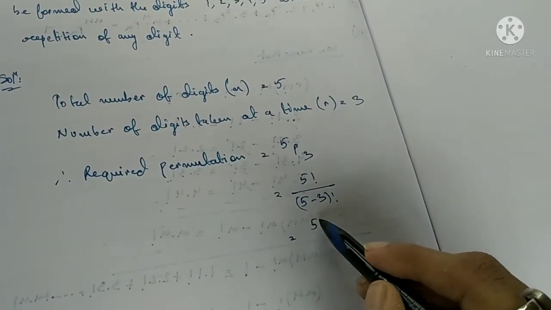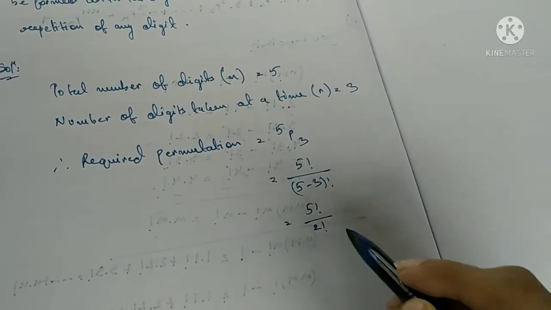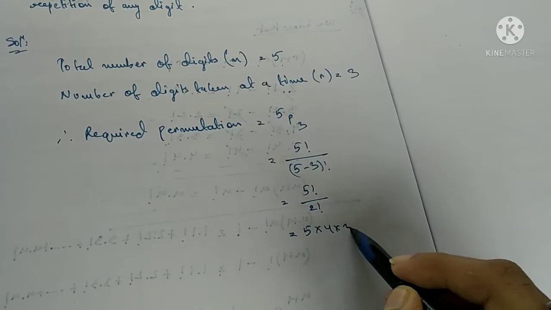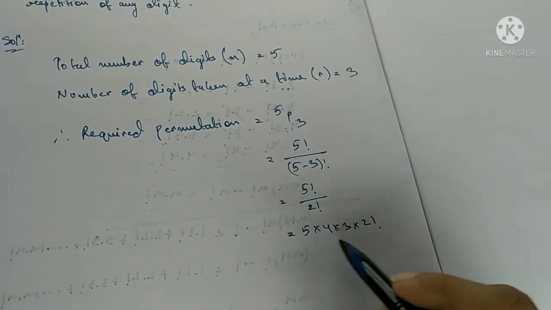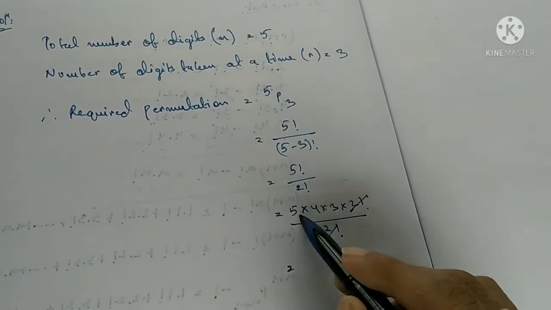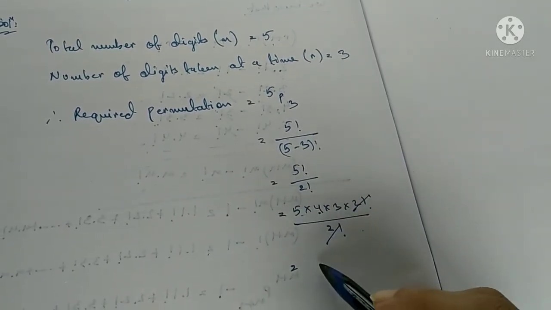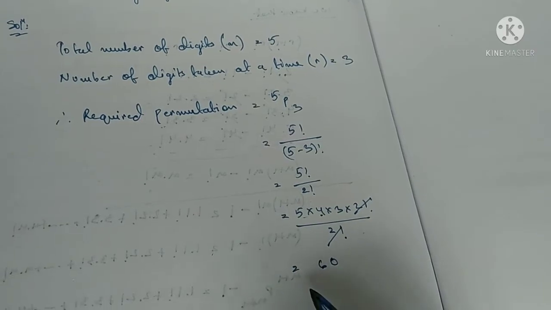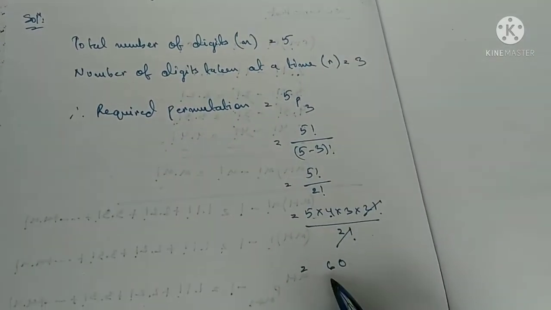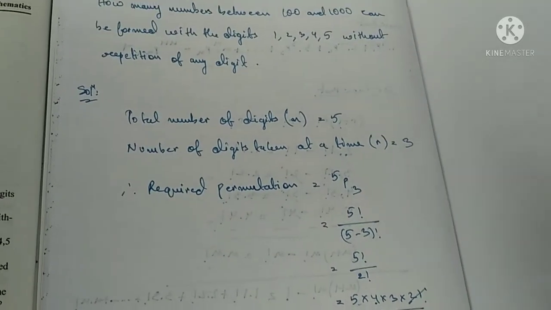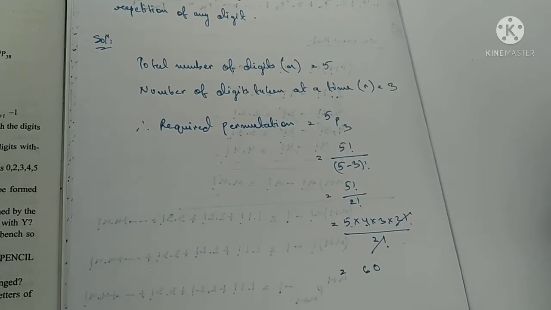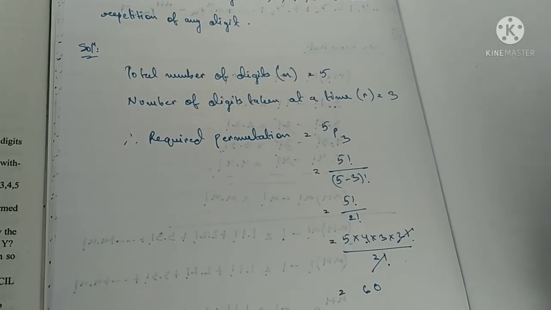So this will be 5 factorial by 2 factorial. This will be 5 into 4 into 3 into 2 factorial by 2 factorial. This one and this one gone. 5 fours are 20, 20 into 3 it will be 60. So how many 3-digit numbers can be formed? It is 60, without repetition of any digit. Understand? This much only, nothing more there.